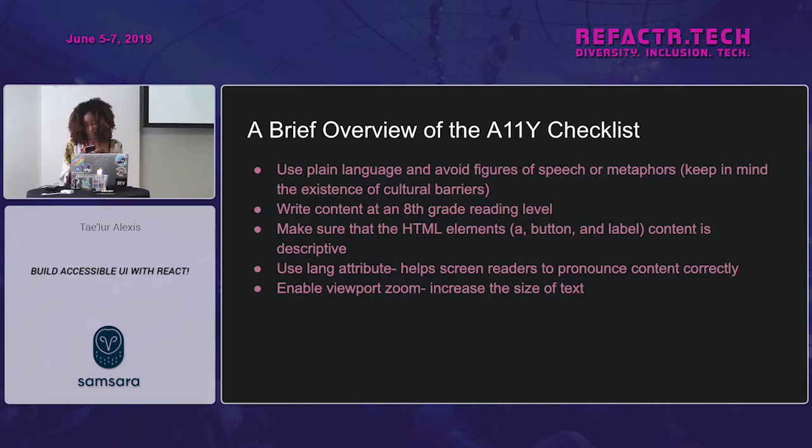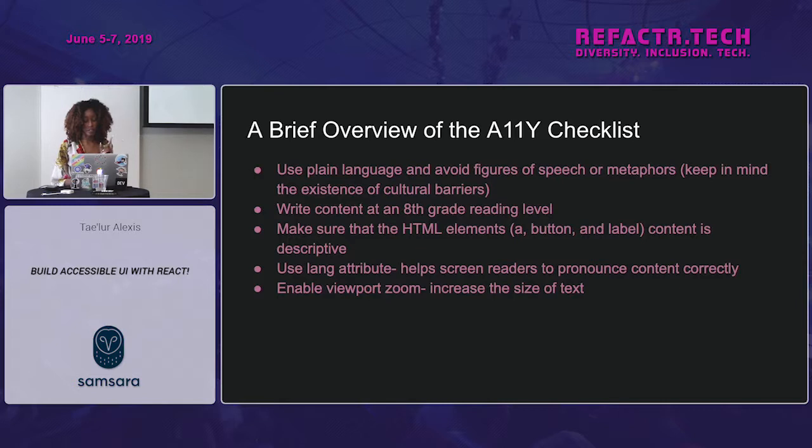All right. So using plain language and avoiding figures of speech. You never know. Sometimes even as little as sarcasm, when you're texting or tweeting or something like that, some people may not be able to understand certain jokes that you make because of cultural barriers or because they're not exposed to that type of joke.